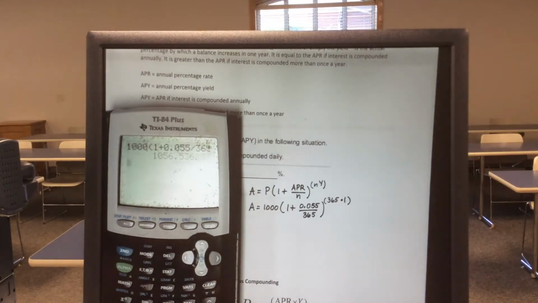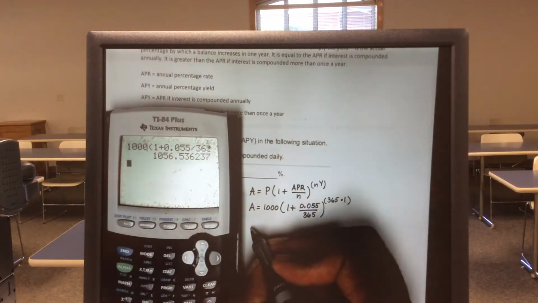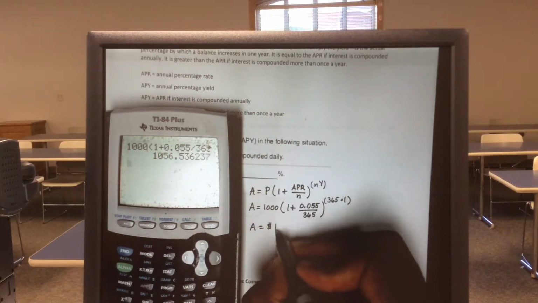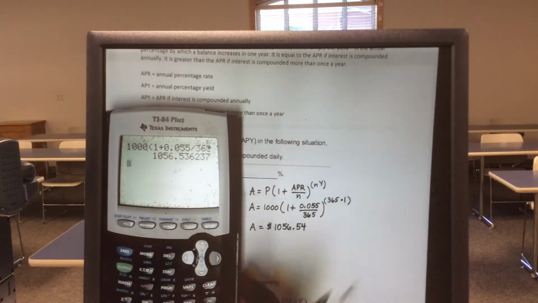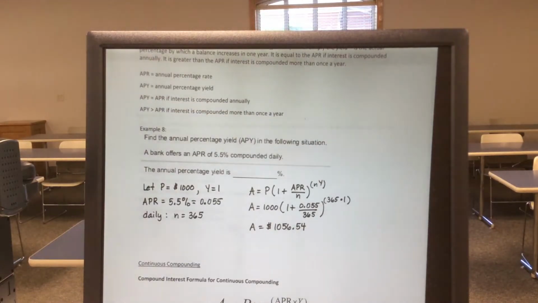And then hit enter. To 2 decimal places, this will be, let's say, $1,056 and 54 cents. That will be the amount after 1 year of a $1,000 investment at 5.5% compounded daily.